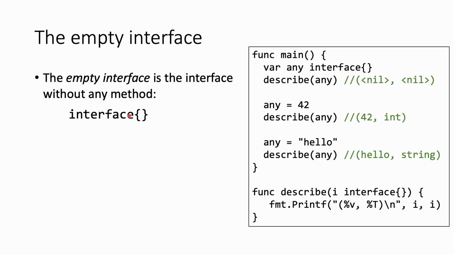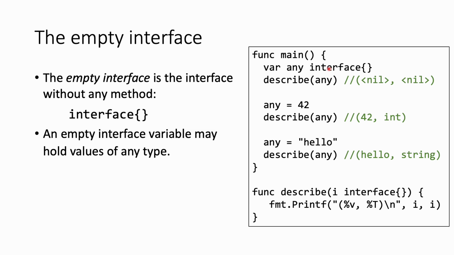Because the empty interface is still a data type, you can declare variables of the empty interface type, as in the declaration of variable any in this example. An empty interface variable may hold values of any type.